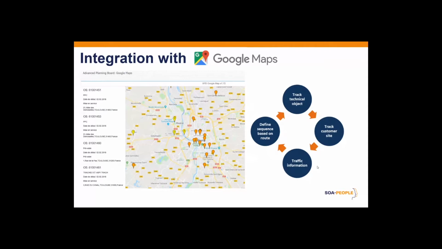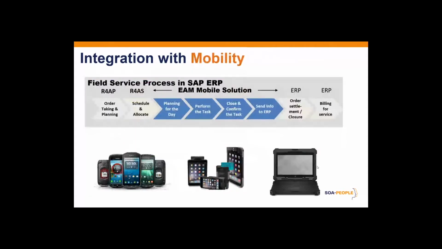And mobility: you would allocate service orders or work orders to technicians with advanced scheduling, and the technicians will then receive those jobs on their mobile device when they synchronize.